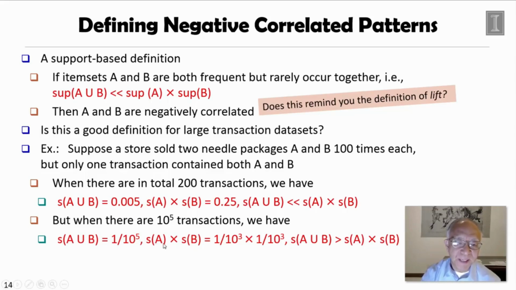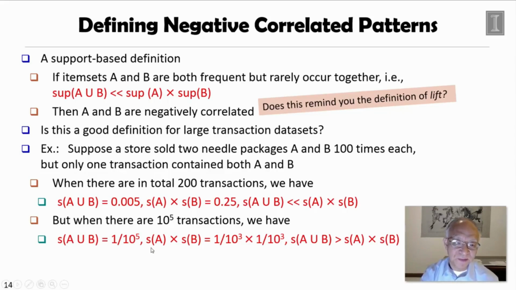But support of A now is 100 over 100,000, so you get 1 over 1,000. Support of B is also 1 over 1,000. Multiplied together, you get 1 over 10 to the power 6. This number is even smaller than support of A and B together. Then you may say, oh, A and B getting together is very frequent, or it's positively correlated.